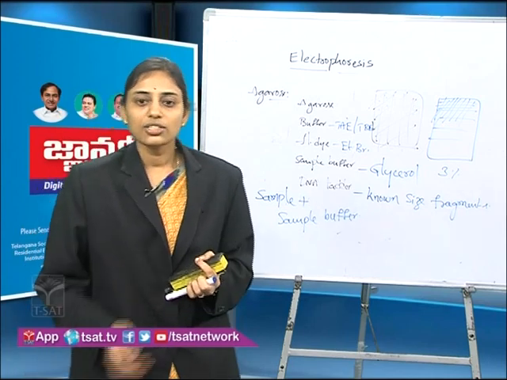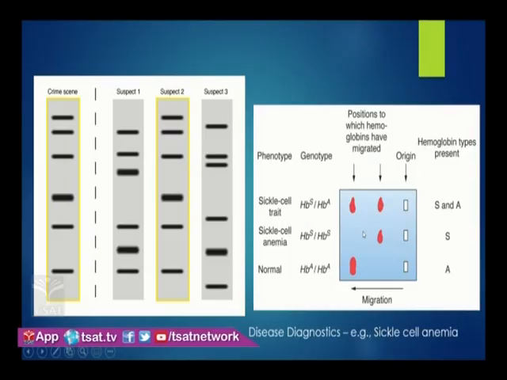Here, we isolated hemoglobin protein from sickle cell individuals and normal individuals, and this S and A is the carrier's hemoglobin protein. Sickle cell anemia is a disease caused by a mutation in the beta globin chain of hemoglobin protein.